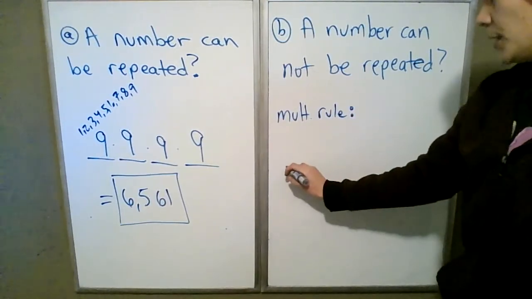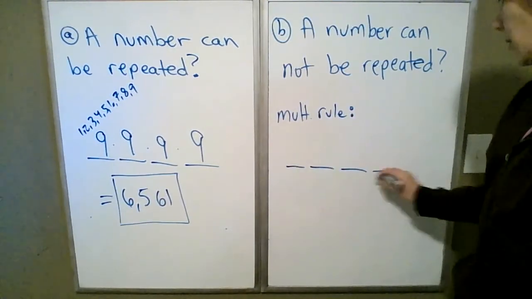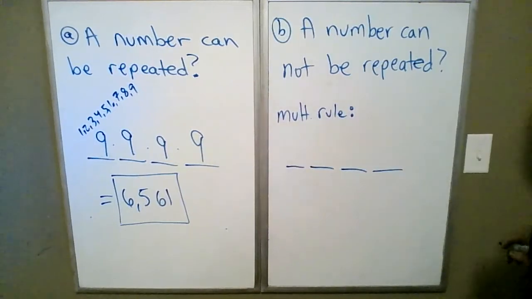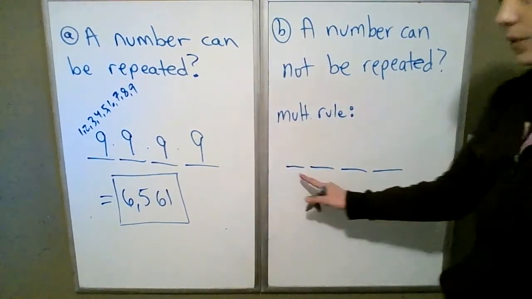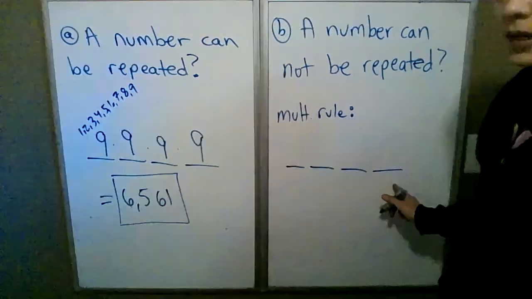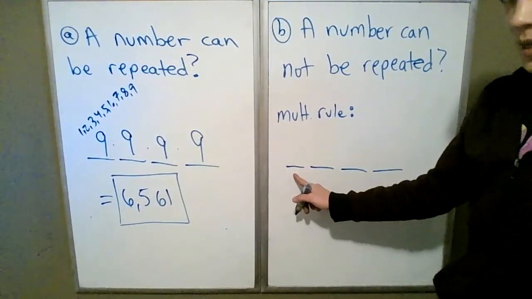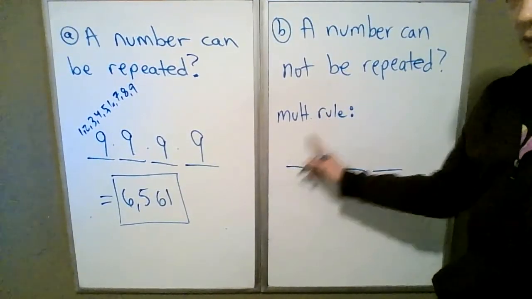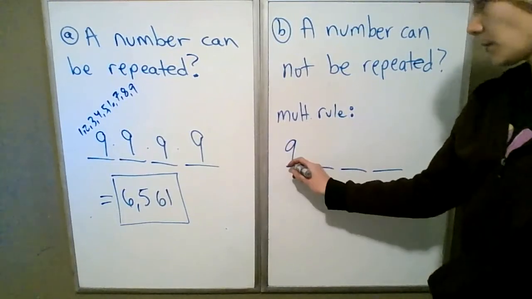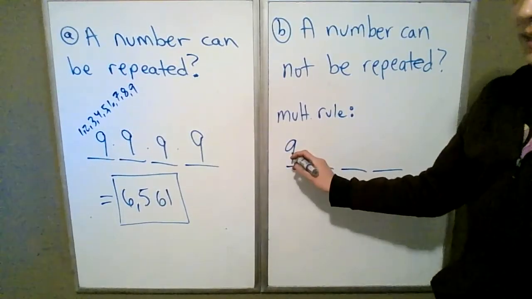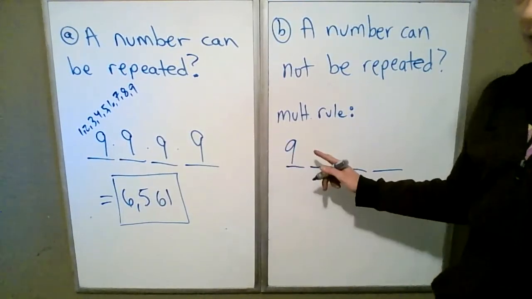You put your placeholders for each rotating disk. And then you start to make the code, and you choose one of the numbers 1 through 9. So there's 9 choices. But once you pick one of those digits, it can't be used because we can't repeat the same number.